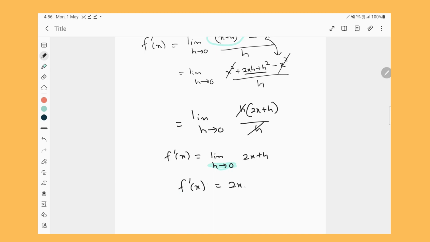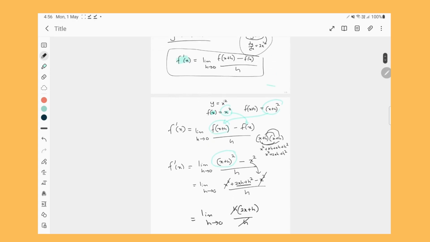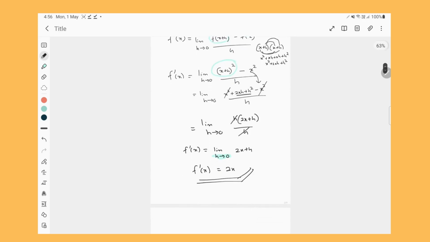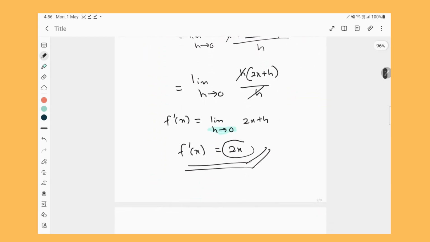It is equal to 2x. Did you understand? So this entire thing needs to be shown using first principles to prove that the differential of x squared is equal to 2x. Alright.